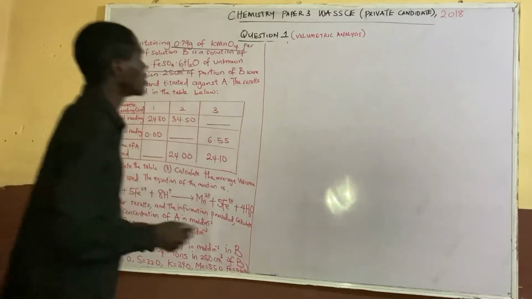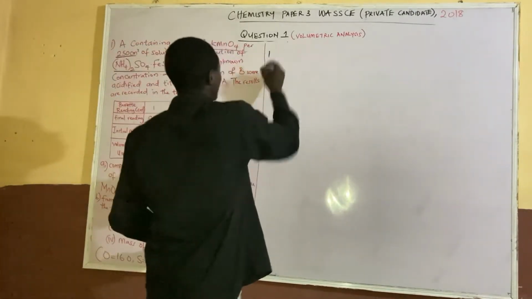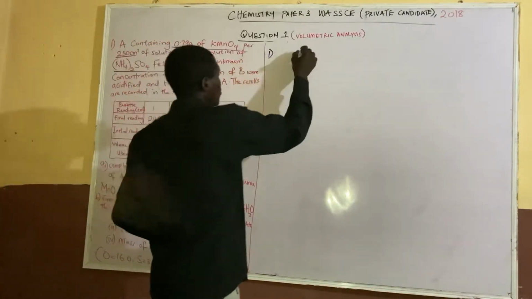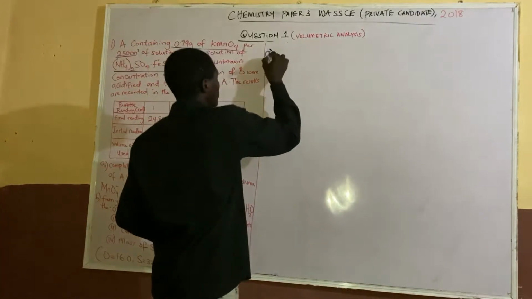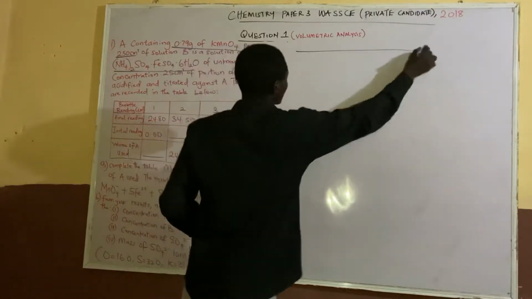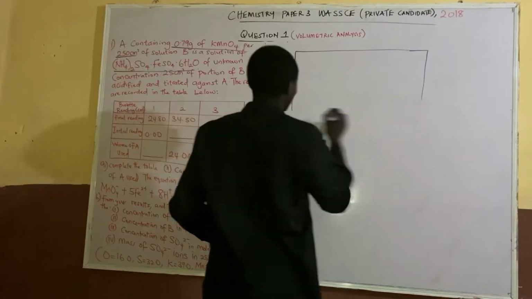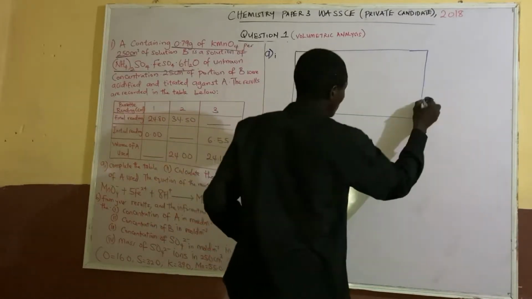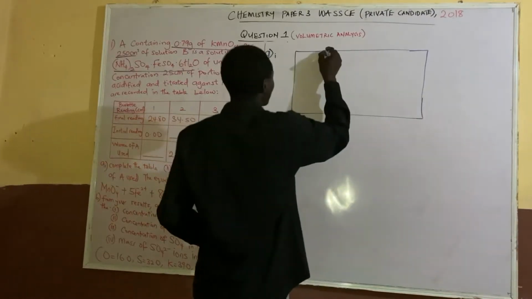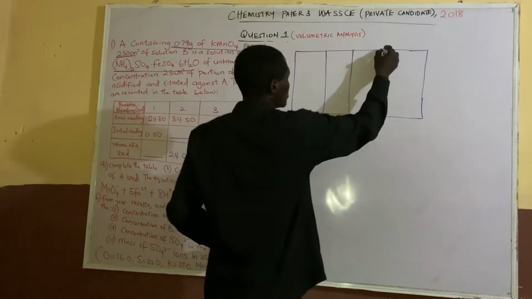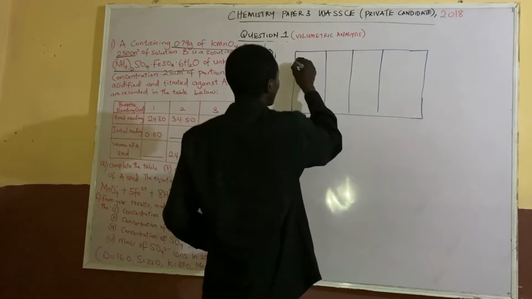Just copy out the table, number one, Roman figure i. Draw the table out, with the burette reading column, the first titre, the second titre, and the third titre.